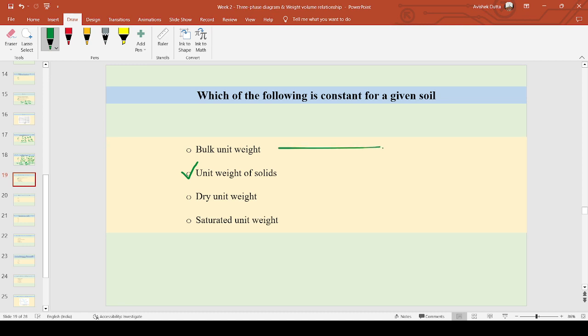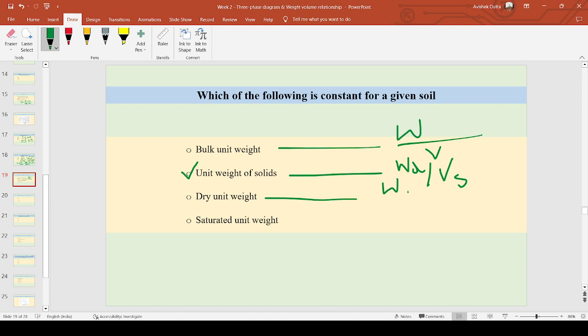Bulk unit weight is weight by volume. Unit weight of soil solids is dry weight of soils by volume of soil solids. What is dry unit weight? Dry weight by total volume. What is saturated unit weight? Weight of saturated soil by volume.